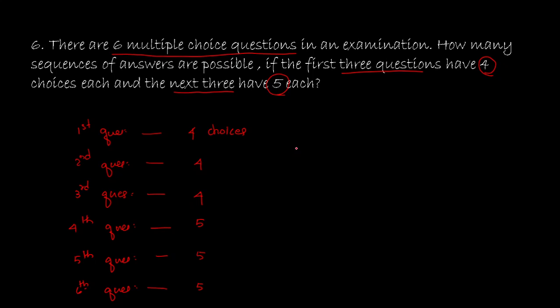So, by the fundamental principle of counting, sequential answers are 4 multiplied by 4 multiplied by 4 multiplied by 5 multiplied by 5 multiplied by 5 equal 8,000 ways.